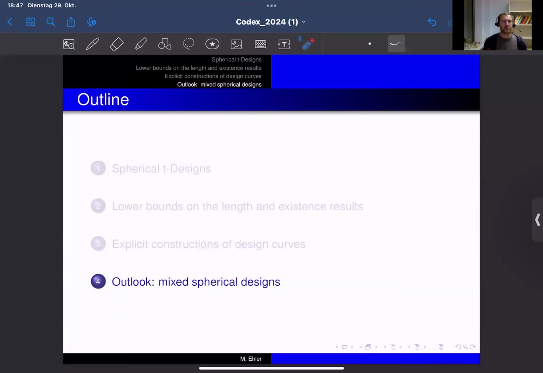And the one idea is, well, you have static sensors on the surface. Then we moved away and looked at a mobile sensor that moves along a curve on the sphere.